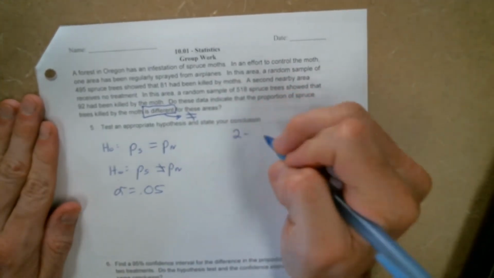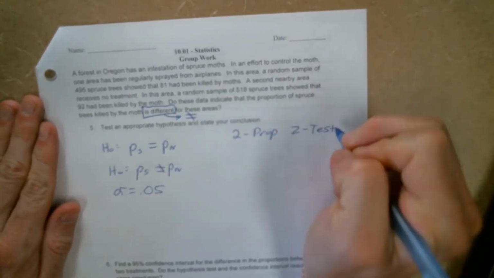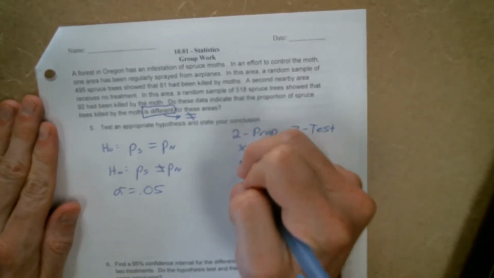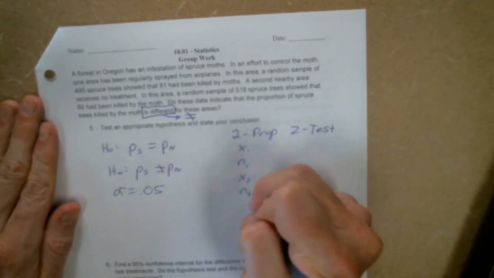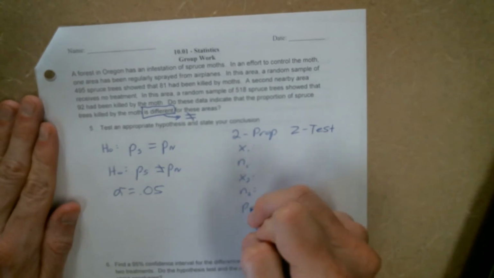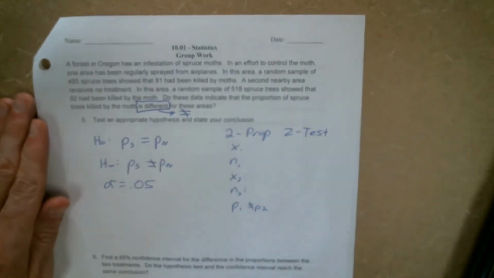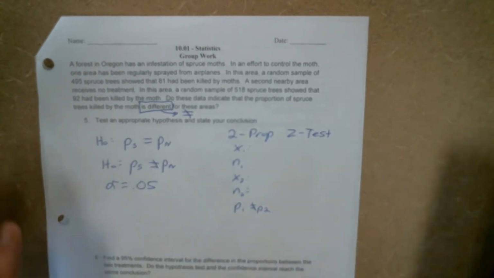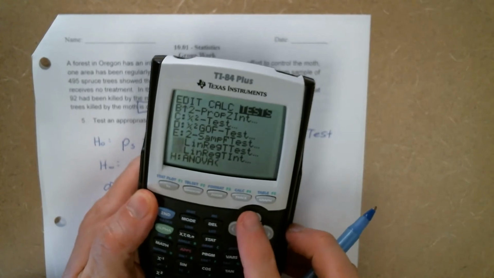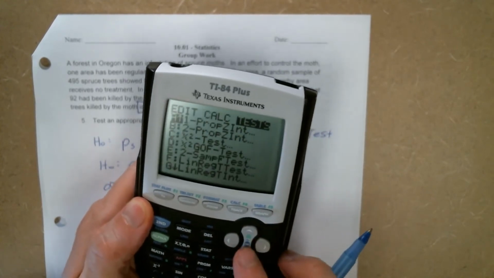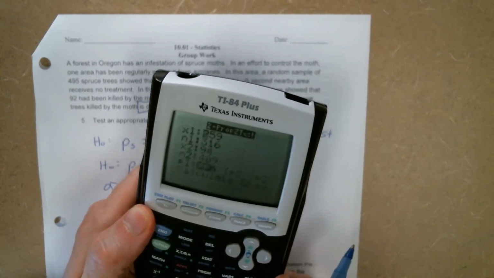We're going to, again, be doing the 2-prop Z test, and that's going to want to know our x1, our n1, our x2, our n2, and then for us, we're going to be doing a P1 is not equal to P2, or PS is not equal to PN. All right, but let's bring it up on the calculator. Stat tests. 2-prop Z test.